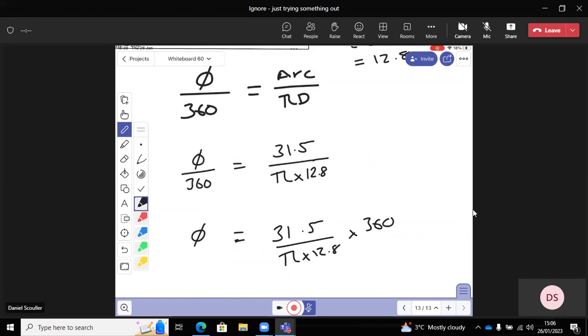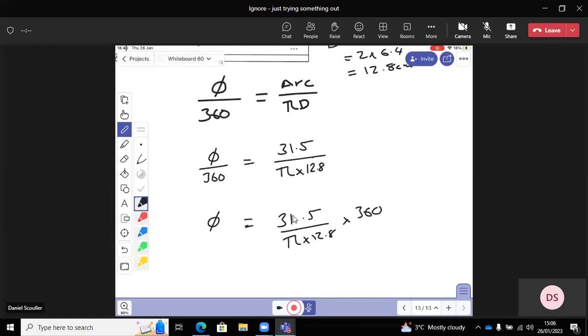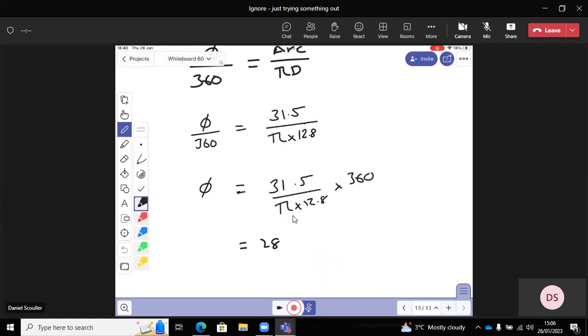Then we're putting this in our calculator. 31.5. 282. Sweet. Perfect. So 282 degrees. And remember your units.